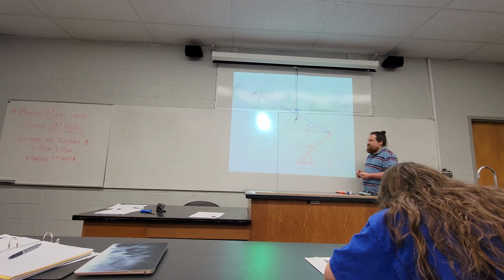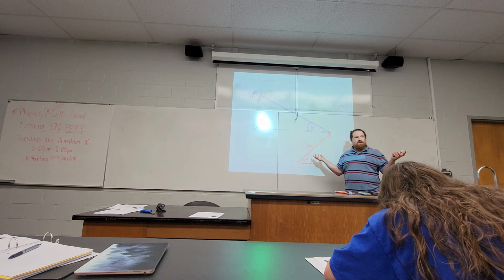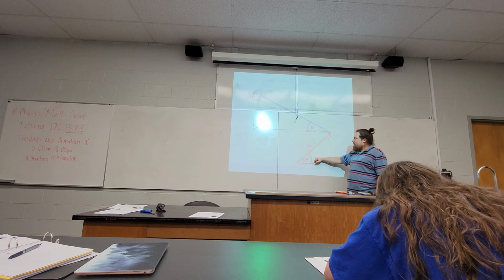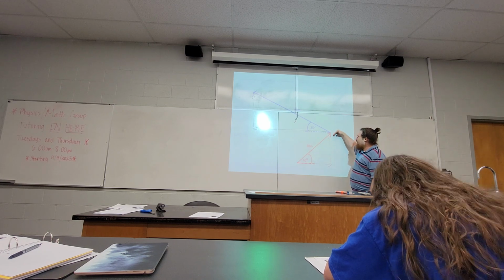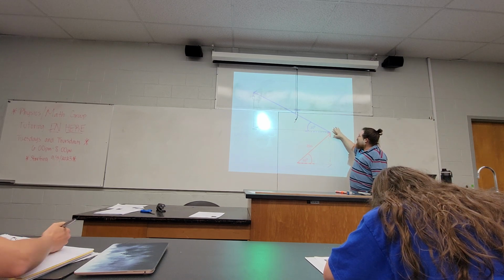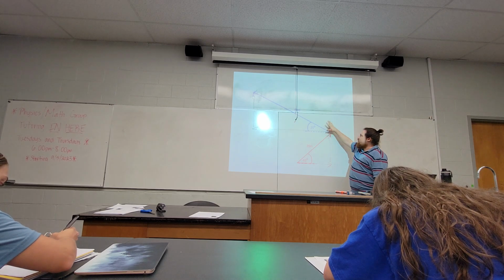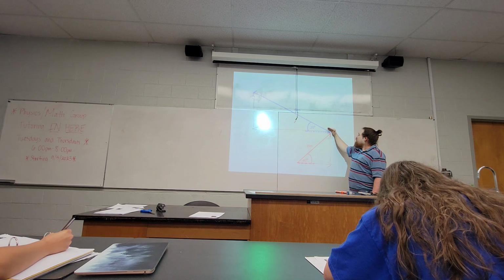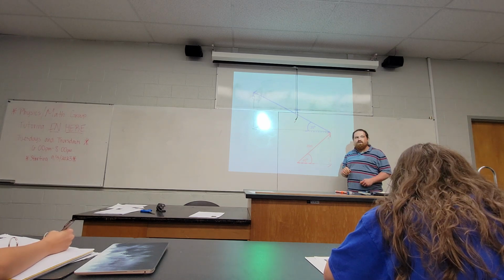So the two vectors we have here, let's say that this is like a hiking trip or a jog. Someone's going to move 20 meters at 40 degrees above the x-axis. And then, once they get there, they're going to switch directions and move 40 meters at 25 degrees above the negative x-axis.